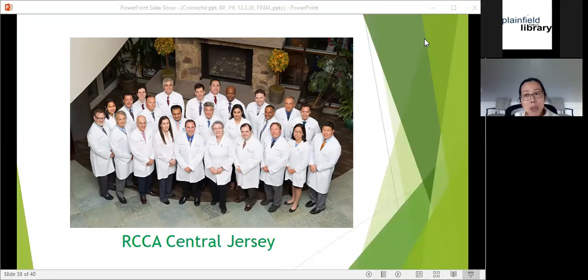I'm not sure. In the material I reviewed, I didn't see anything about probiotics being able to prevent colon cancer, or any benefit in preventing colon cancer.